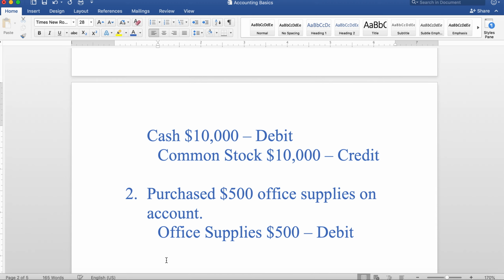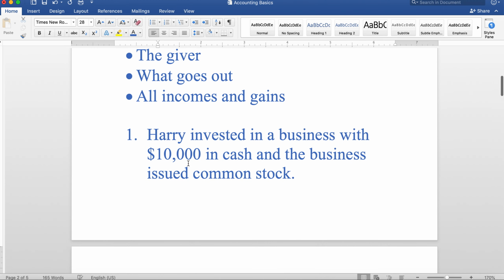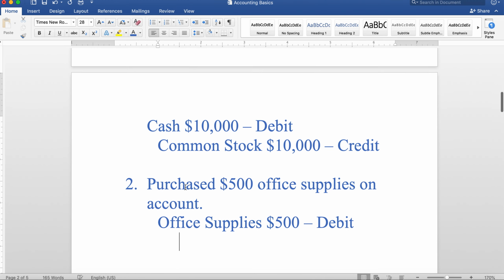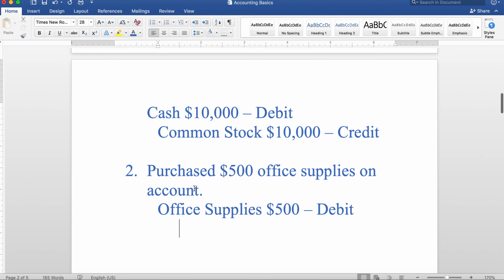Let's look at the formula again. What goes out is credit. So what went on account? Accounts payable will be credit. Since this is on account, we need to pay this in the future, so accounts payable will be credit.